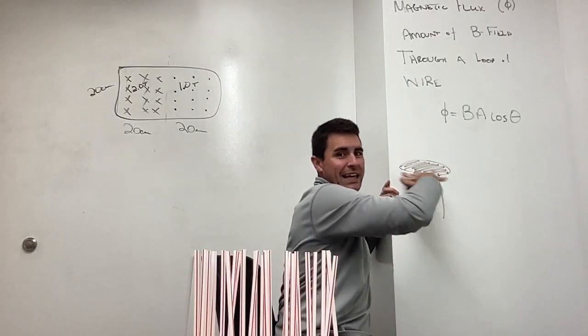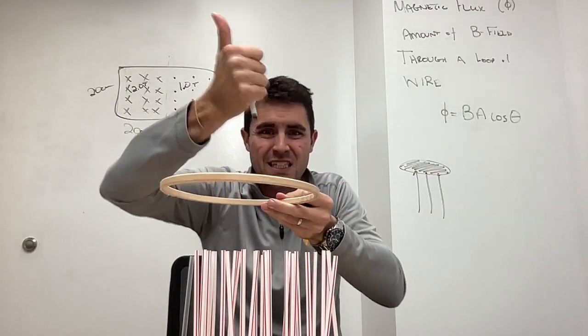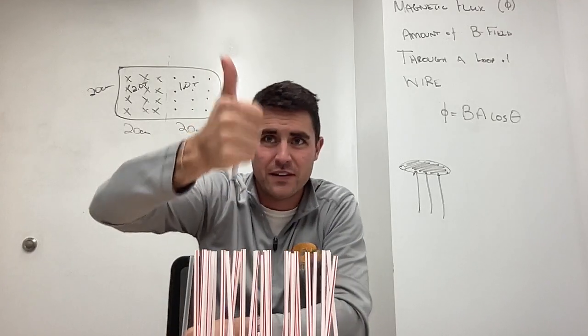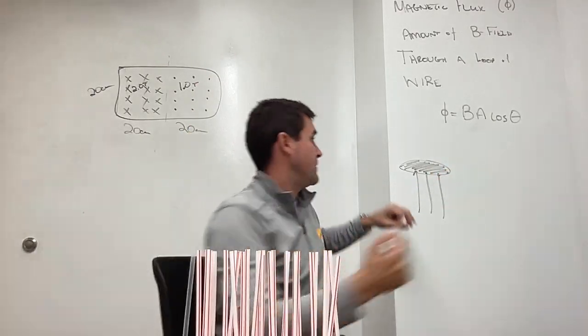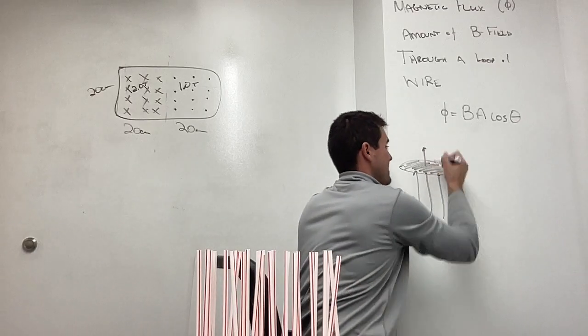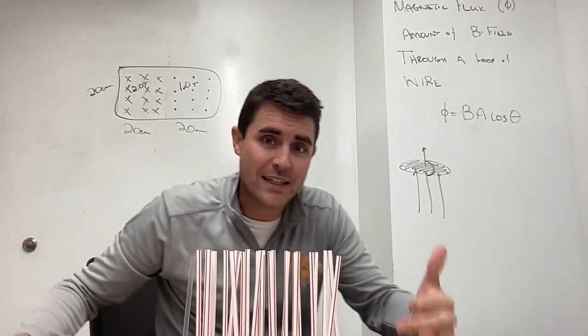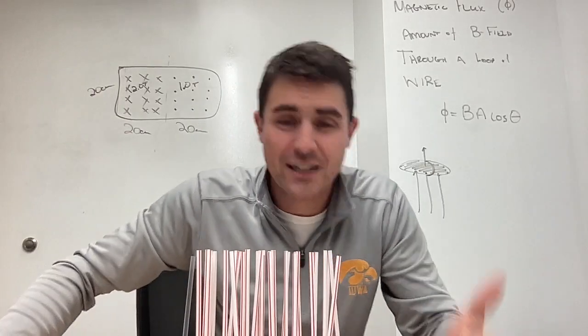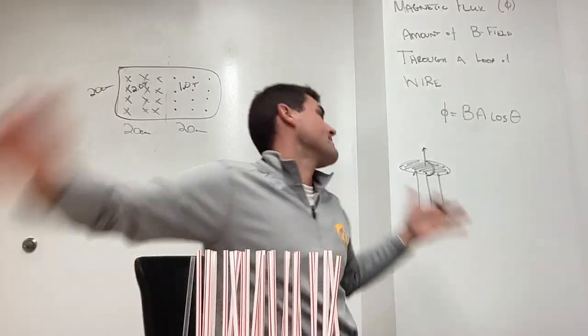So if this is the plane of the loop, the direction of it is up. And if I see my direction of the area being up, notice that's the same direction as my magnetic field. So the area is also pointed up. This angle between area and the B field is 0 or 180 degrees. This is the maximum flux that I have here.